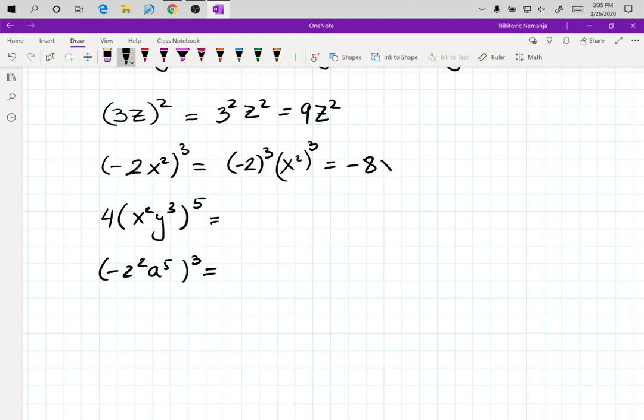And we're going to have x to the 2 times 3 is 6. I will write just in case on the side, negative 2 times negative 2 times negative 2 is negative 8. That's your negative 2 cubed.